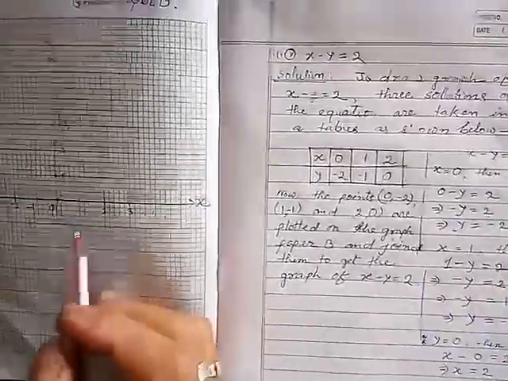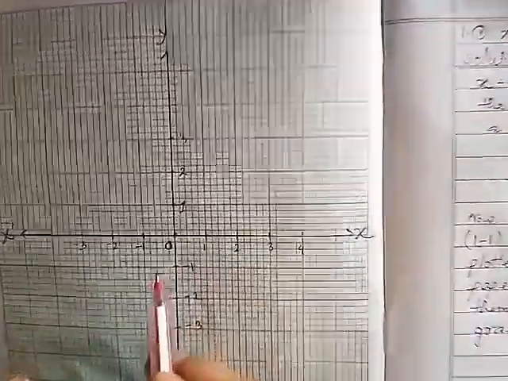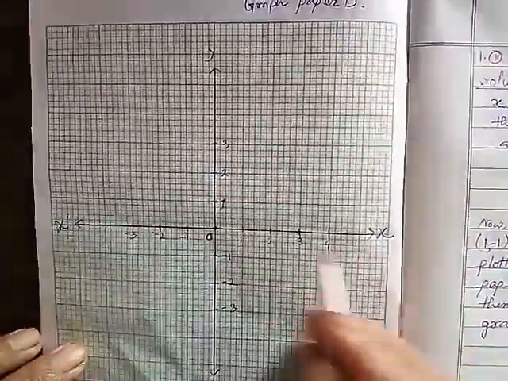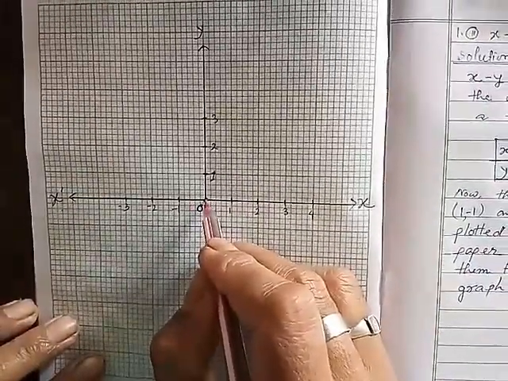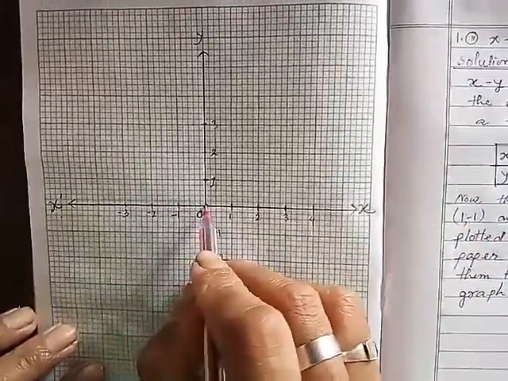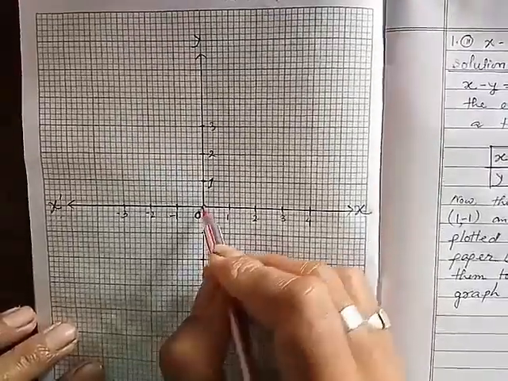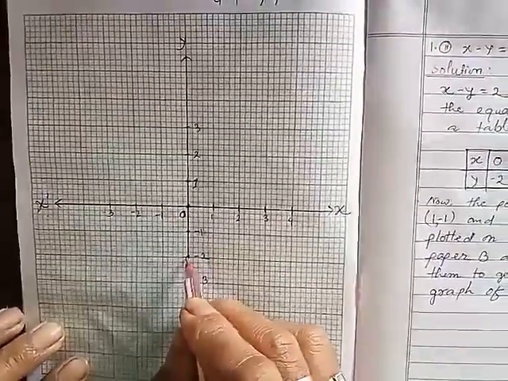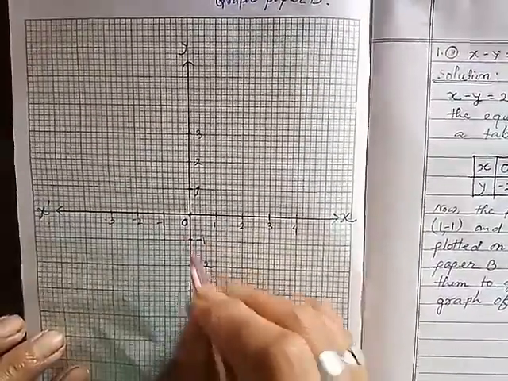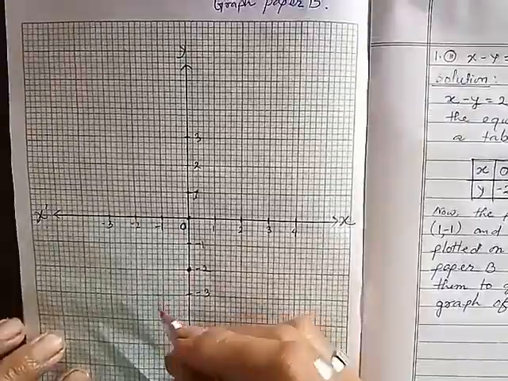So on the x-axis, where is the 0? Yes, on the x-axis, this is the 0. And the y coordinate is minus 2. So on the y-axis, where is the minus 2? This is minus 2. So the combination will be here.